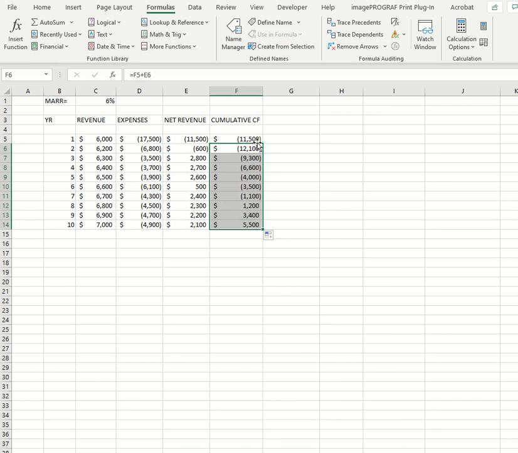And so all I'm looking at here is pretty easy. I'm looking at where it goes from negative to positive, and that happened right here between year 7 and 8. So to find the exact payback period, the exact amount in years, we're going to have to use the formula.